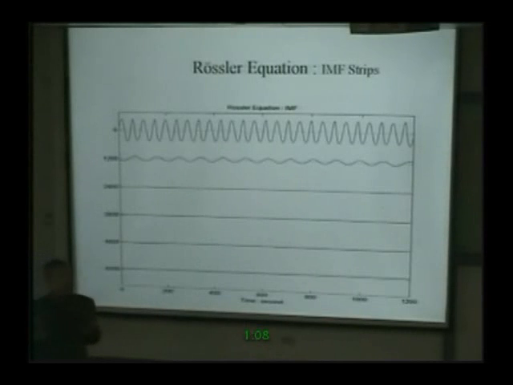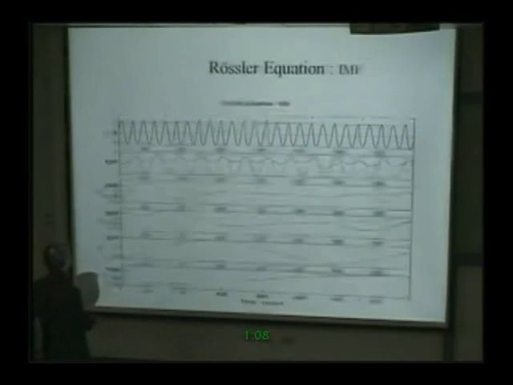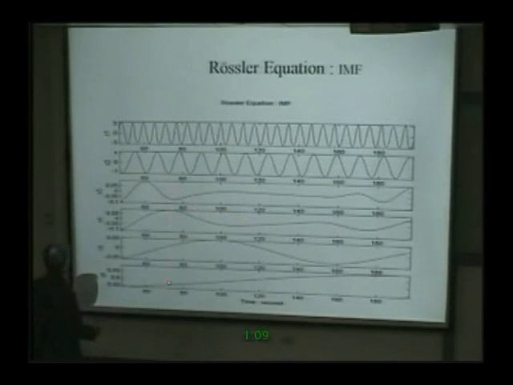If you give this data to me, what I did is immediately separate it into two components. Component number one, component number two. Component number one, if you look, has a wider wave and a narrow wave, wider wave and narrow wave. And for these two IMFs, the rest are very small.